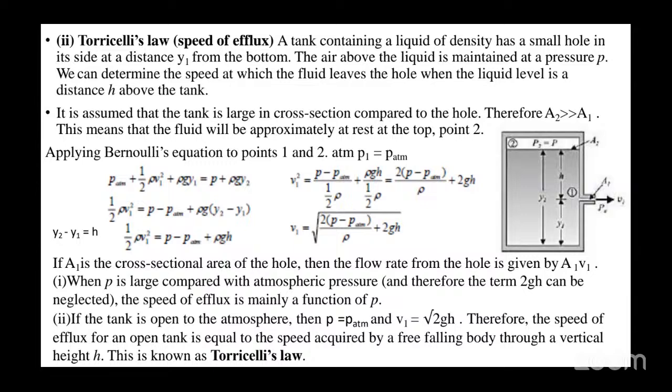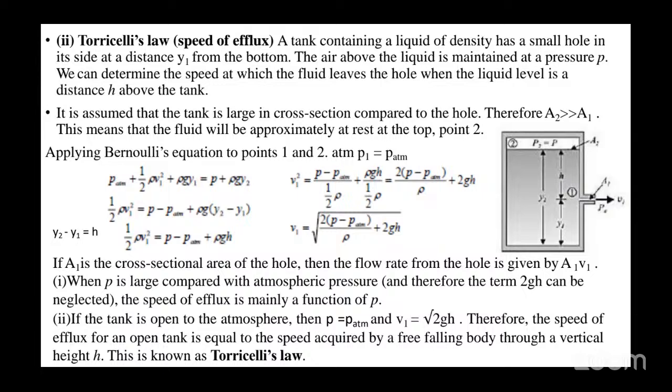Now, if we decide to open up the container so that the top of the tank is exposed to the atmosphere, the pressure at the top becomes atmospheric pressure as well. So we have the top of the tank open to the atmosphere and the side where the fluid is leaking open to the atmosphere, meaning two atmospheric pressures operating in that system.